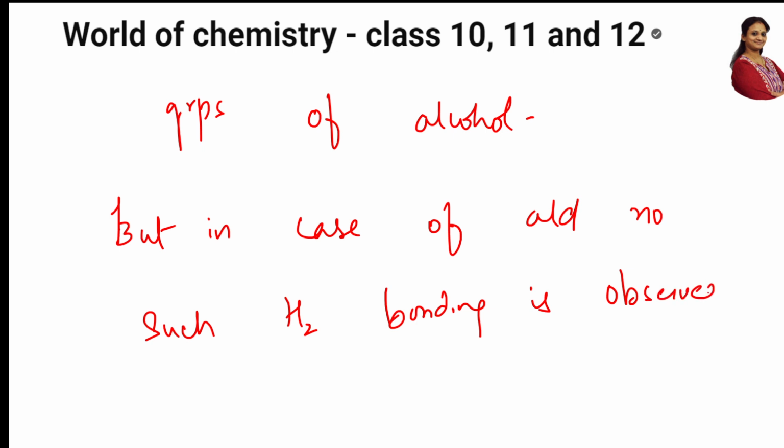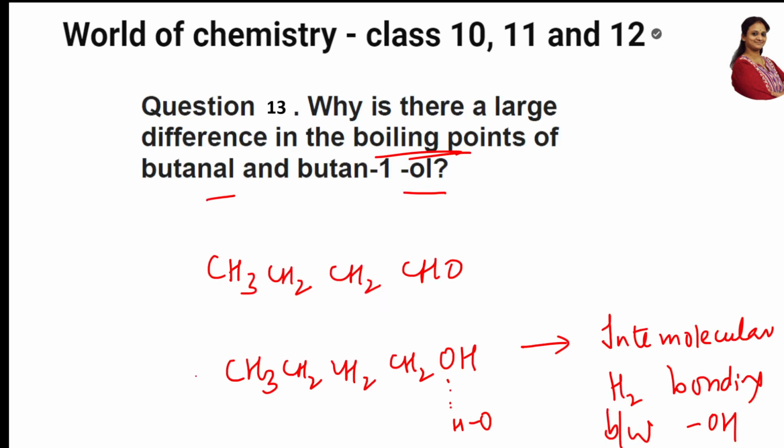Hence the boiling point is less. The boiling point of butanol is almost 391 Kelvin. Alright students, easy. Next question, let us read.